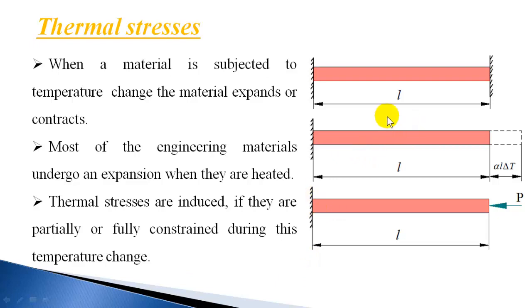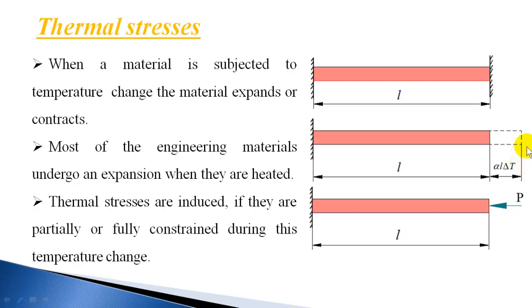Now let us consider a bar which is fully constrained, that is, it is rigidly supported at the ends, and it is heated. So when it is heated, the tendency of the bar is to elongate. Assume that this constraint is not existing, then the bar would have elongated by alpha L delta T. So this is the free thermal expansion in the absence of support.